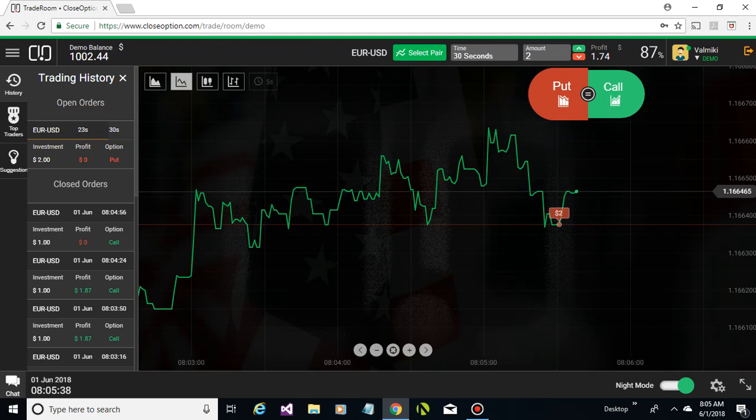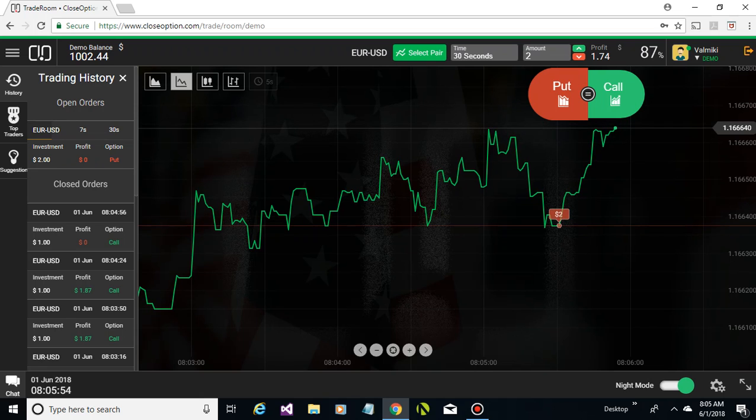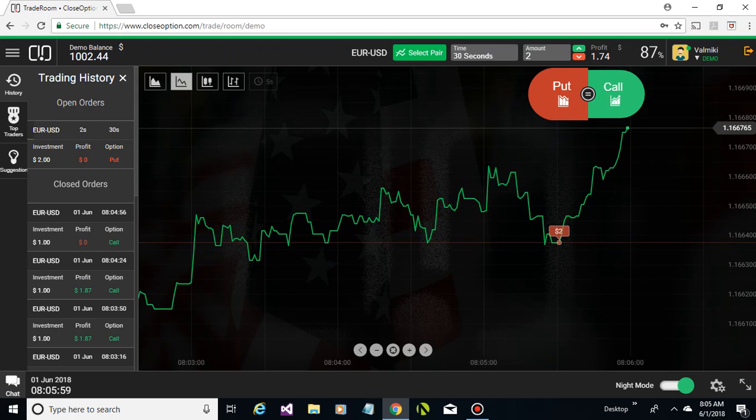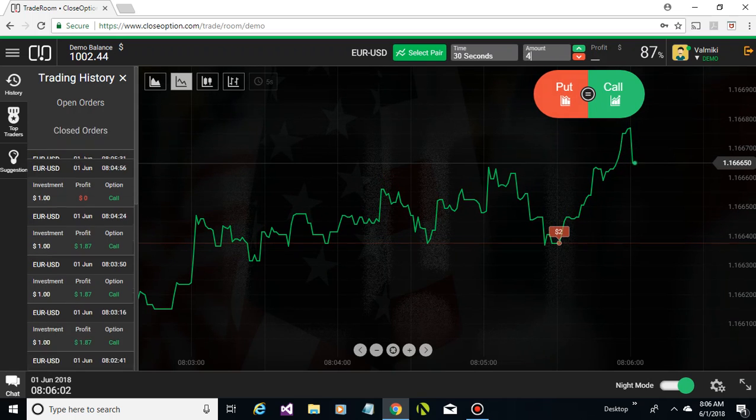Remember, with a call you win if the price goes up from where you placed your bet, and with a put you win when the price goes down. And it's a push if it stays at the same price; in that case you lose 13%. There is a VIP package in which you can actually make 95%.